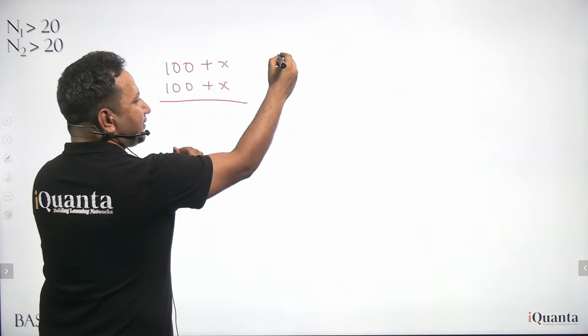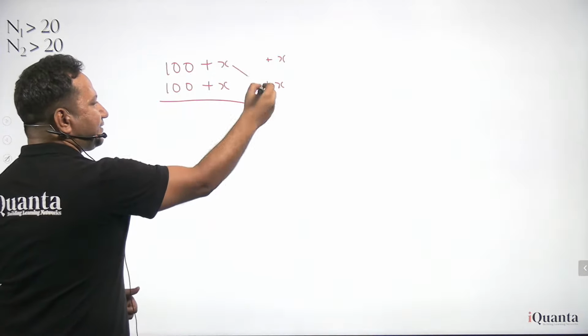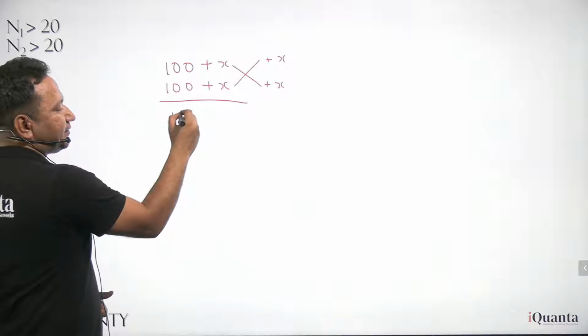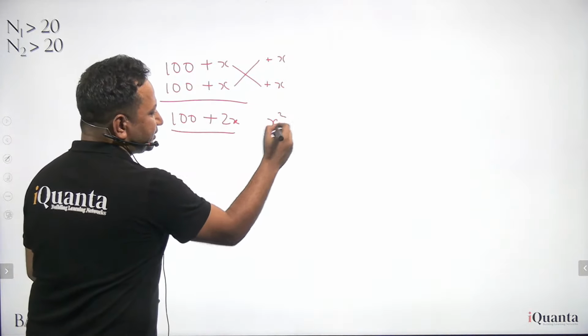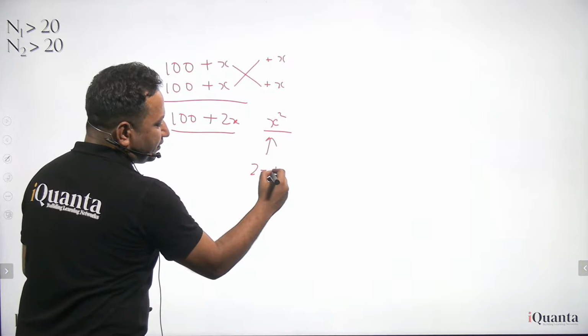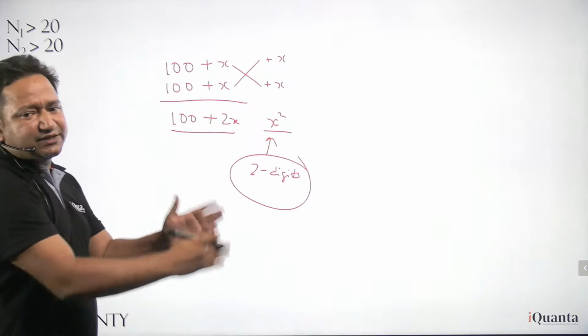The difference I can write here, x and x. All right? If I add this to this or this to this, I get 100 plus x plus x, or I can say 100 plus 2x. And here I get x square, which is of 2 digits. Now, what I have done, I have actually made a generalized formula for this.